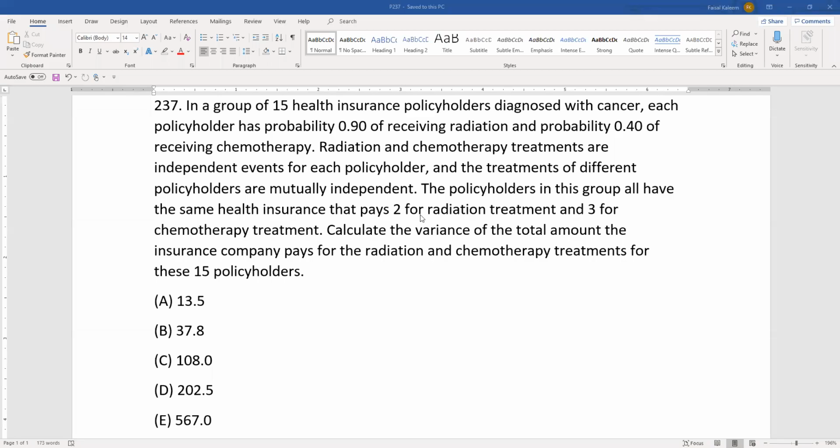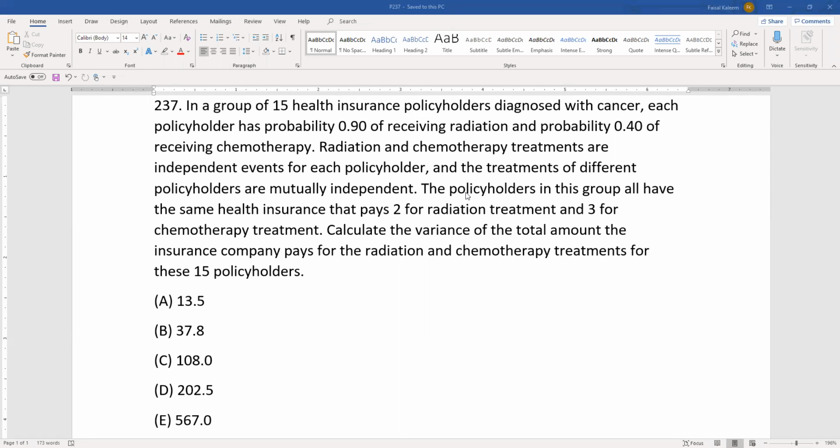In a group of 15 health insurance policyholders, each policyholder has probability 0.9 of receiving radiation and probability 0.4 of receiving chemo. Radiation and chemo treatments are independent for each policyholder, and the treatments of different policyholders are mutually independent.